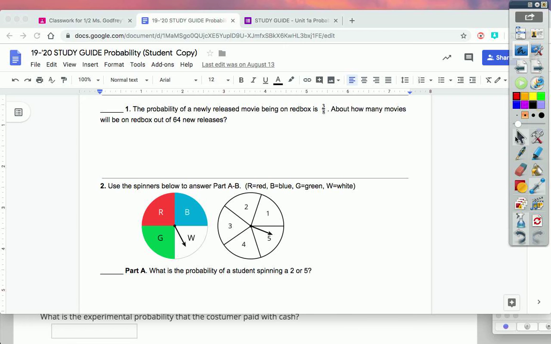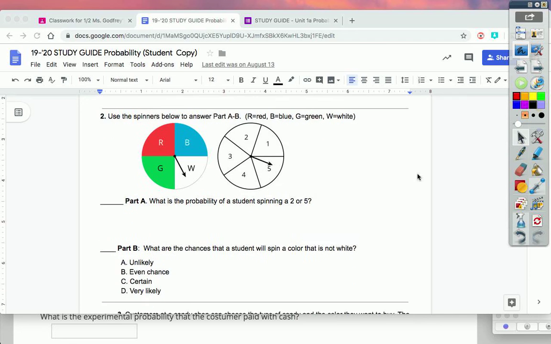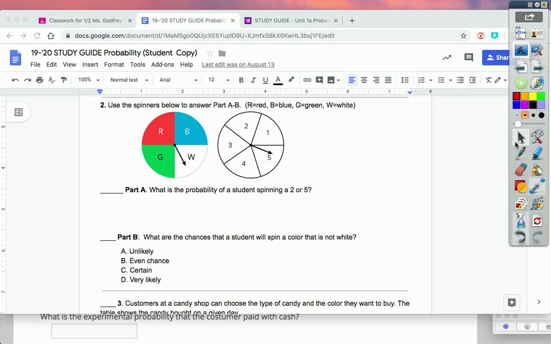In our next questions, it tells us to use the spinner, and this is a 2-part question. The first one says the parts are labeled A through B. You use it for parts A and B. We have a spinner with R, B, G, W, and then we have a spinner with 1, 2, 3, 4, and 5.